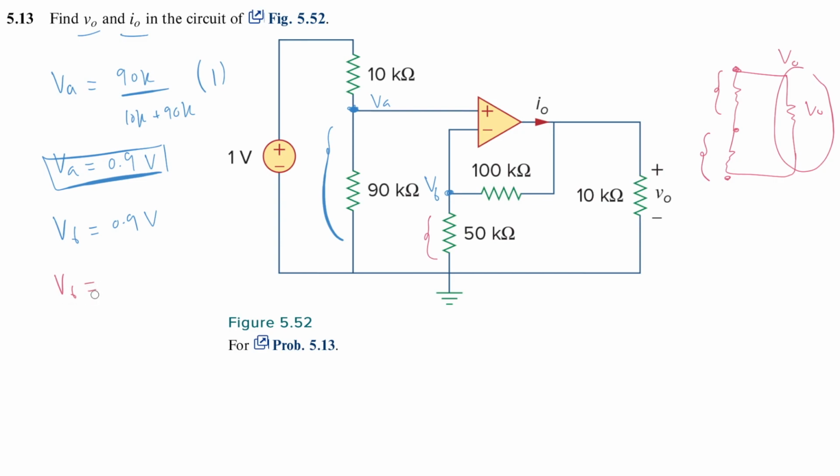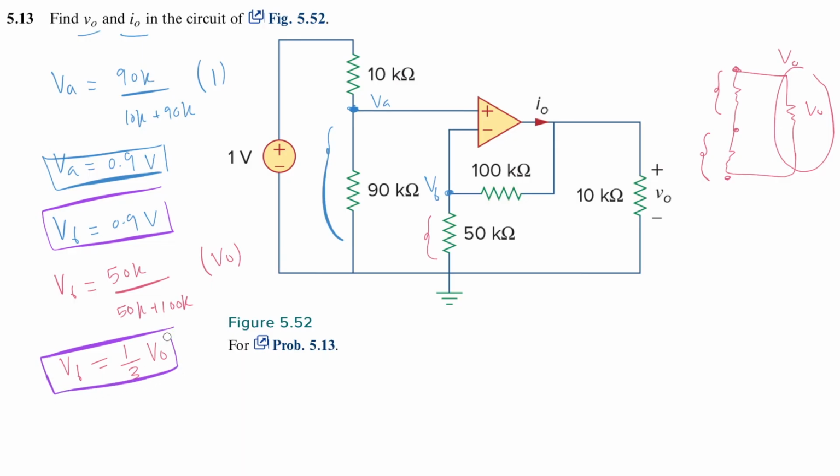VB is equal to 50K over 50K plus 100K times the voltage that is being divided, which is V naught. So if you simplify, VB will equal 1 over 3 V naught. We have the value here.